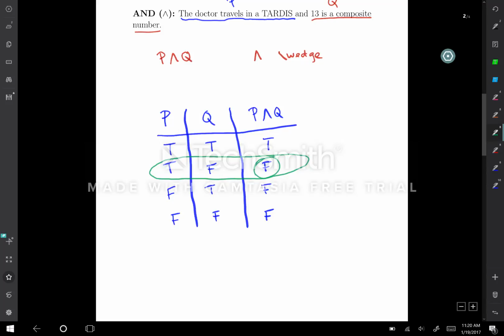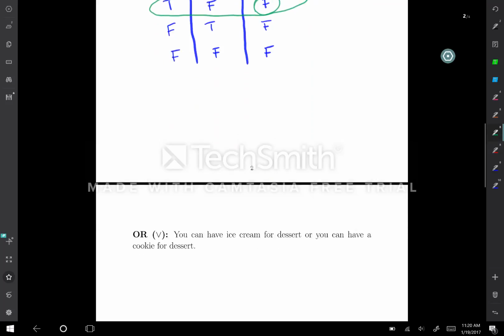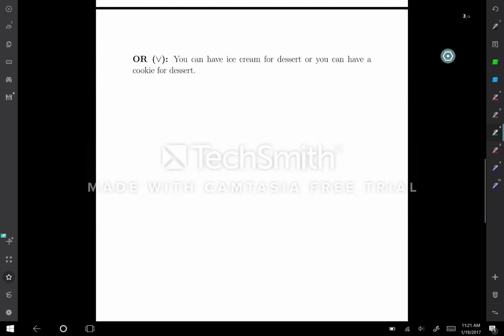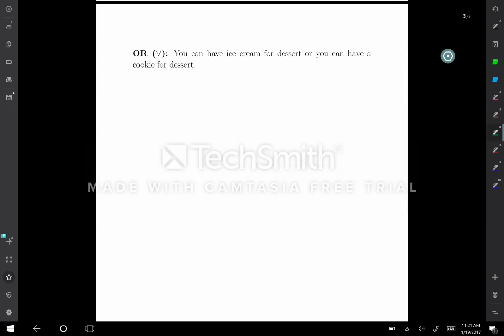Another common way we combine statements is with or. So again, we'll look at an example. You can have ice cream for dessert, or you can have a cookie for dessert. Now, certainly in everyday language, we would not talk this way.